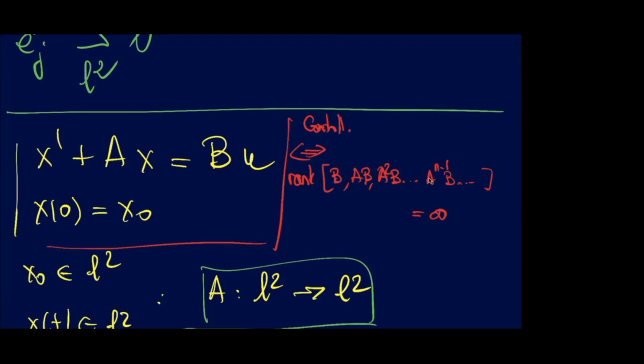It's just about driving the system from some initial configuration in little L2 into some final configuration in little L2. Of course, I didn't say, but I am also assuming that the operator B is bounded and so on, right? Do you think that there is any risk that saying that the rank is infinity doesn't capture what's going on? What is the risk?